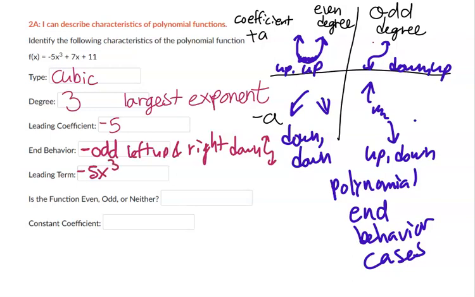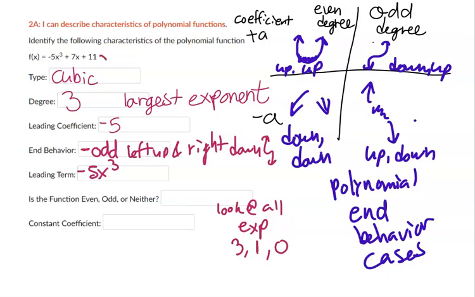Is the function even, odd, or neither? For this, you look at all the exponents. If they're all even, then it's even. If they're all odd, it's odd. If they're both, you put neither. Our exponents here are 3, 1, and 0.